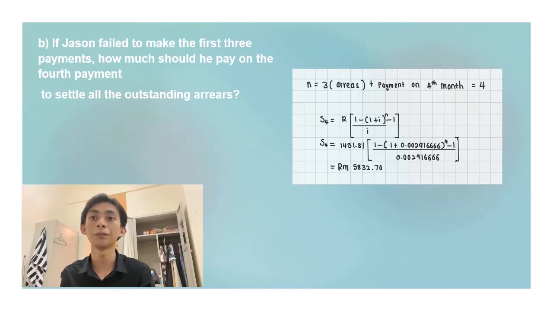After that, we put the numbers inside the terms. 1,491.81 open big bracket 1 minus (1 plus 0.002916666) power negative 24 over 0.002916666, and the answer is RM33,604.60.